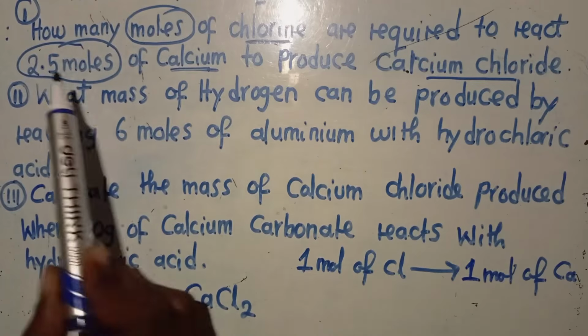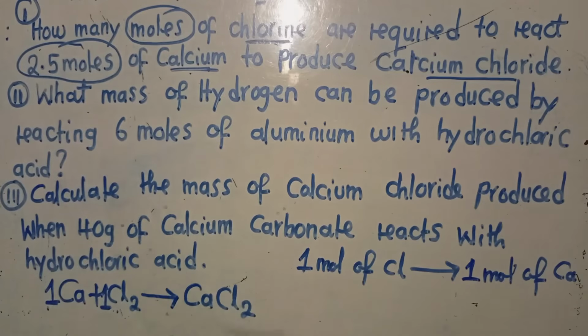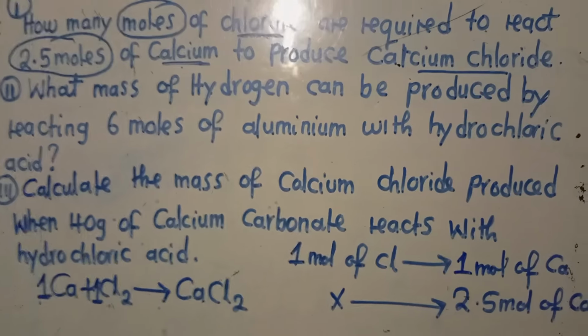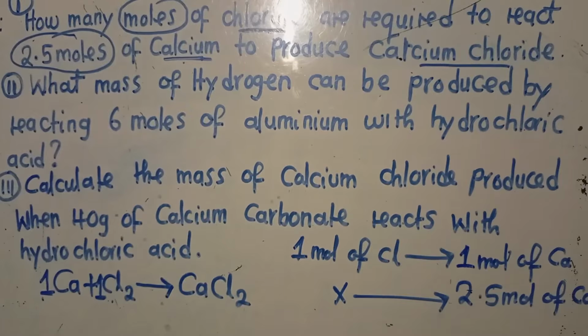And then how about the number of moles of calcium? I will say X here, this is the one I want to find. Then the number of moles for calcium, I'm told that it is 2.5 moles. These are some of the things that you are supposed to do.